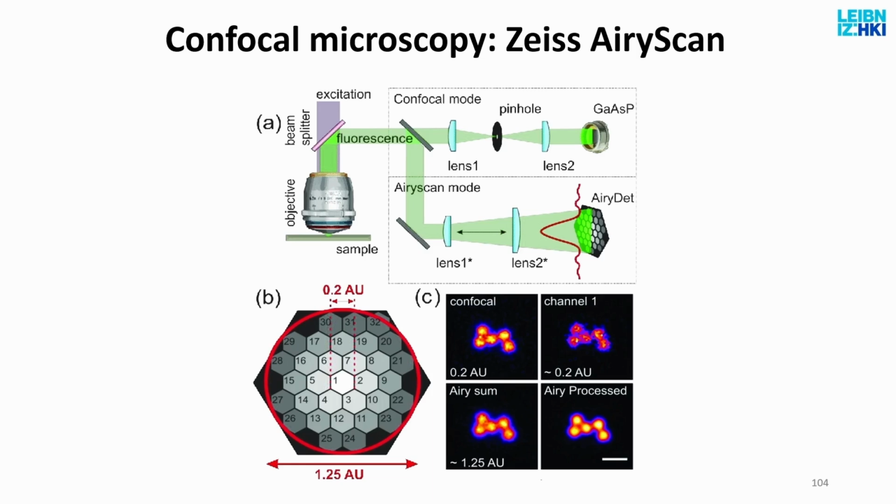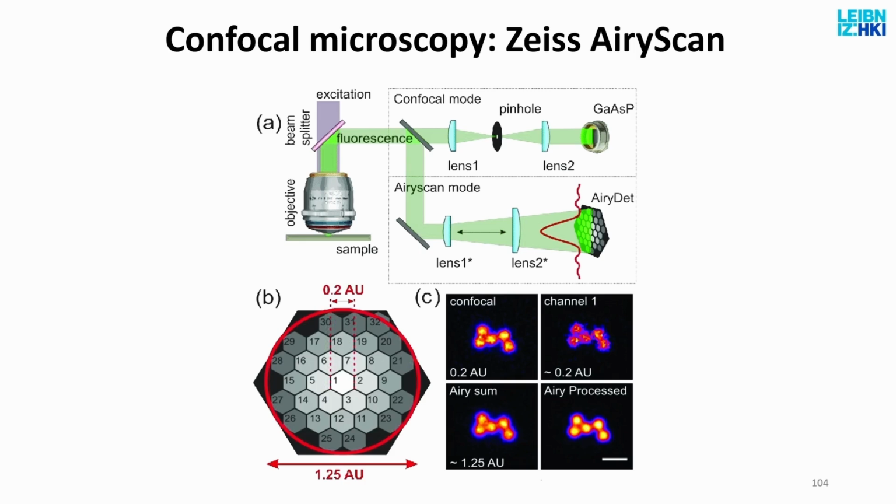What I get is similar to the signal that I showed you, the PMT analog signal, for 31 of them. And each one will belong to one of these honeycomb tiny detectors. So if I integrate the signal for these 7, oh yeah, by the way, I forgot to say, this size is 0.2 Airy units, one of these.